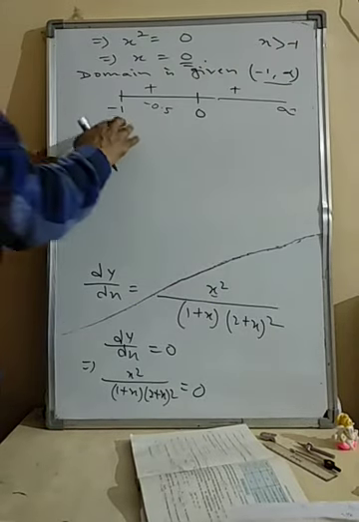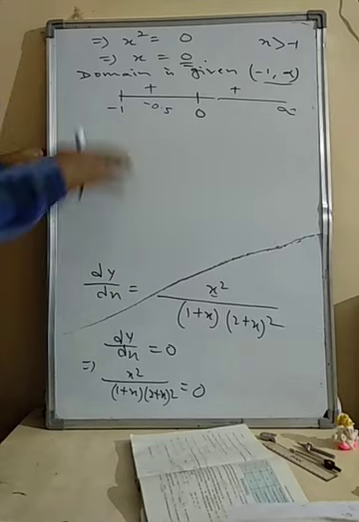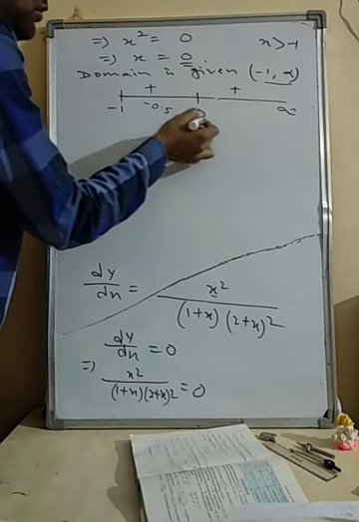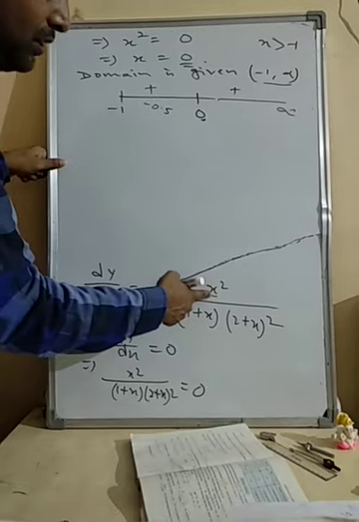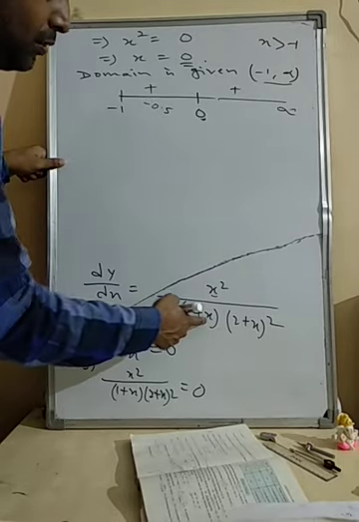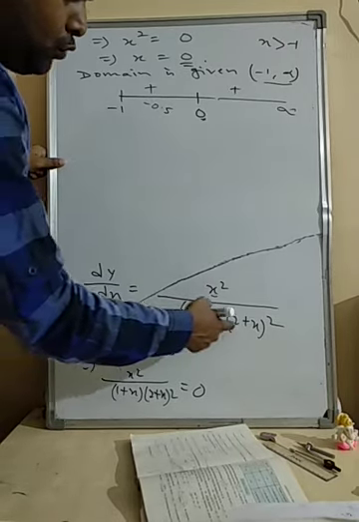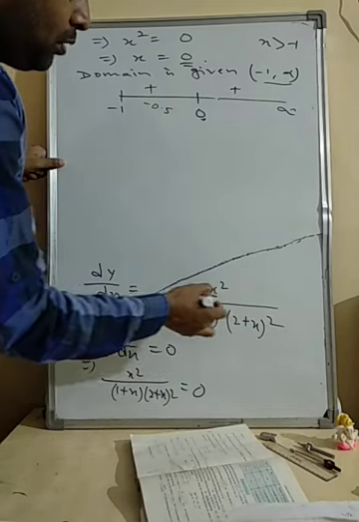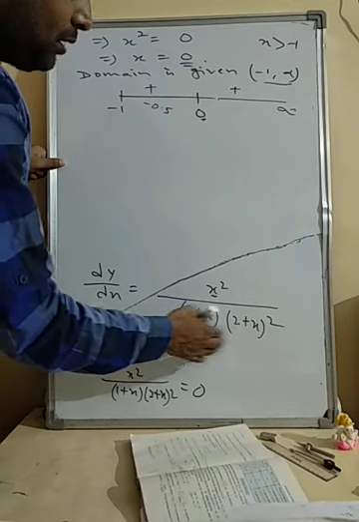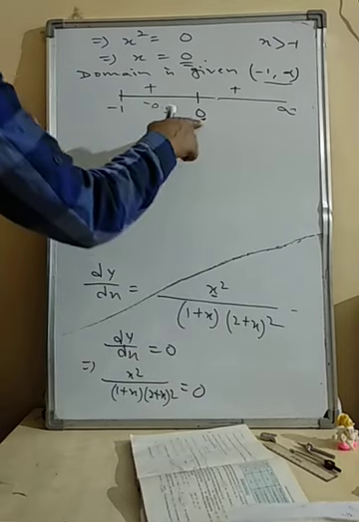So therefore in this entire interval, only when x equal to 0, this will be 0. The denominator will never be 0: 1 plus 0 is 1, 2 plus 0 is 2, square is 4. Only the numerator will be 0, so 0 by something, the answer will be 0. Therefore 0 is also included.